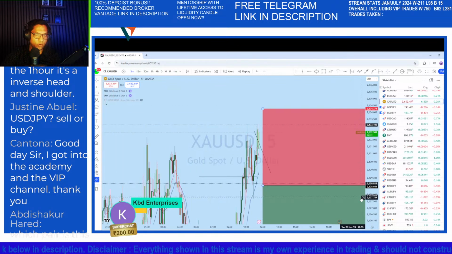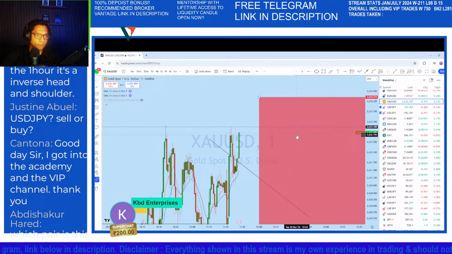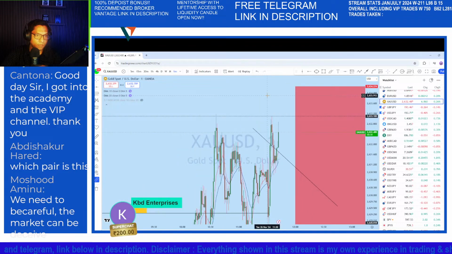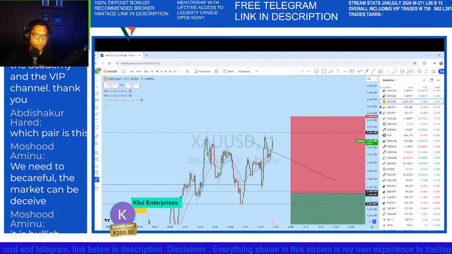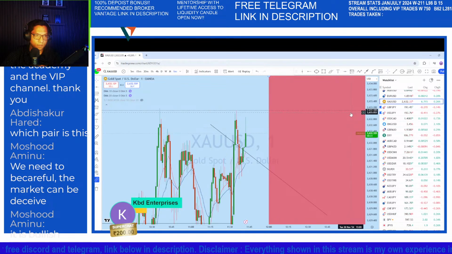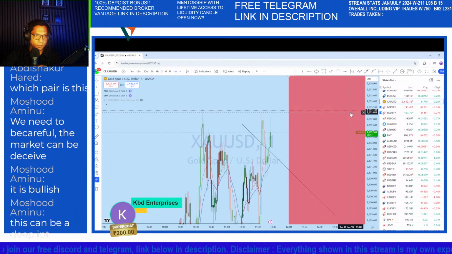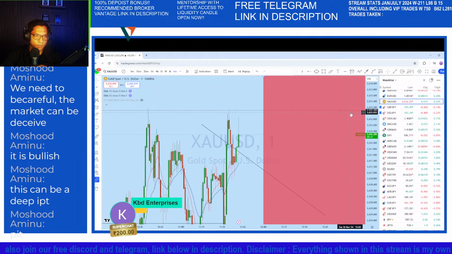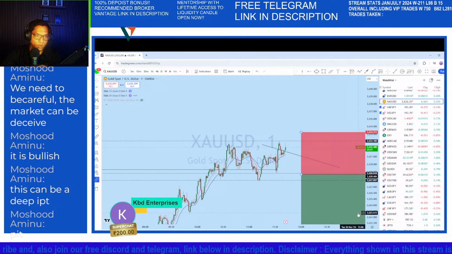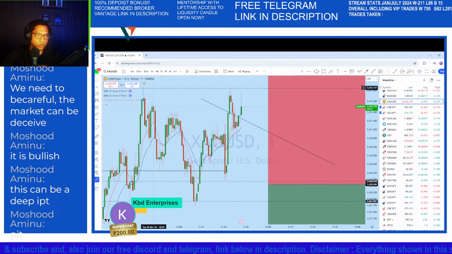The structure formation, and with that structure we might see potential trend continuation in that area.